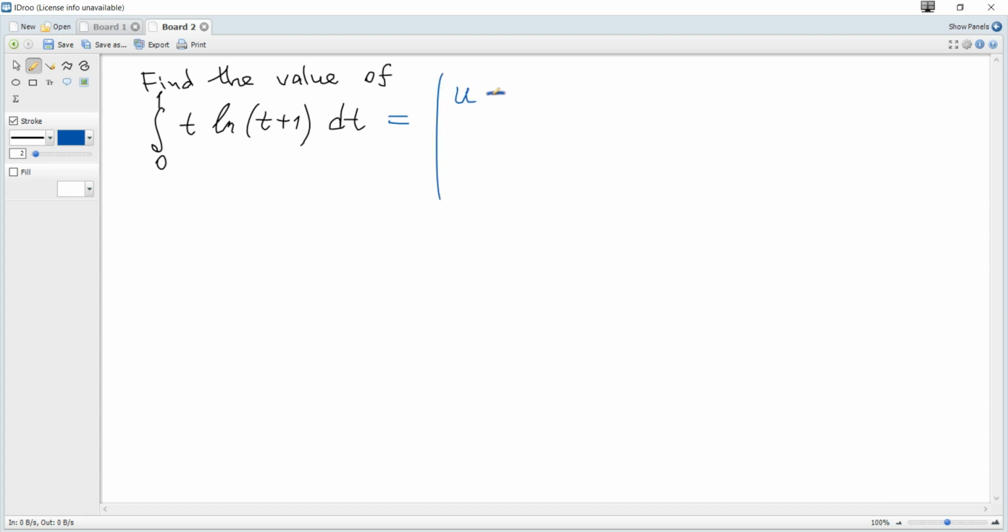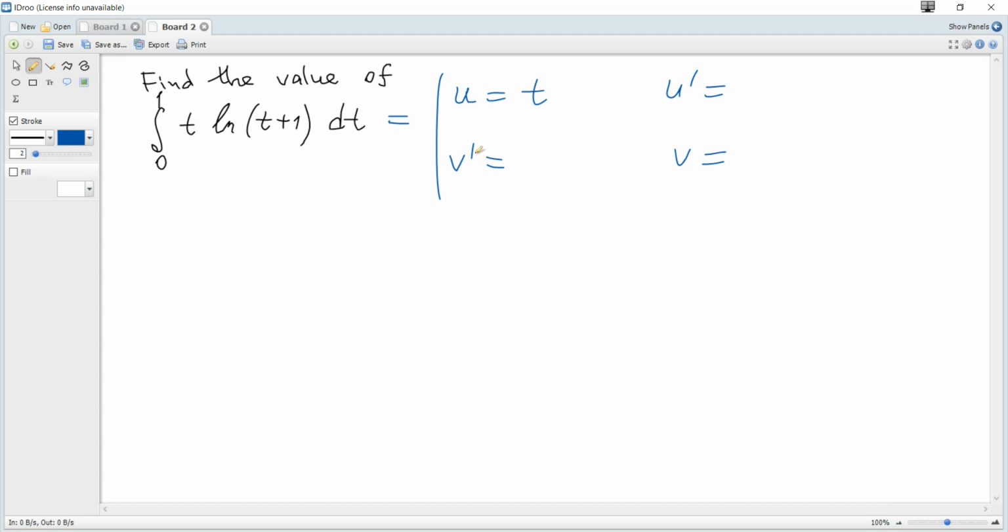And we need u, v prime, then u prime, and v. Let's consider if u is t. Usually, for example, if it's t sine, it's definitely u is t, v prime is sine.